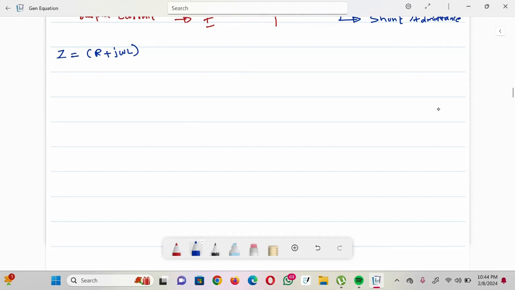The same thing for admittance: Y equals G plus j omega C. We need to consider both as unit impedance and admittance.